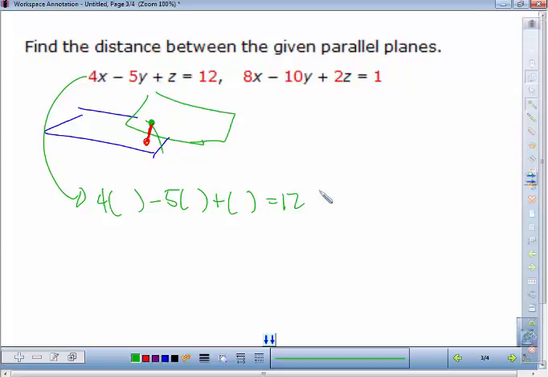I was thinking 0, 0, 12, but 3, 0, 0 would work also. Remember, 0 is your friend. So 0, 0, 12 is what I thought of. Harrison said 3, 0, 0. That would also work, yeah? Because 3 times 4 is 12, 0, 0. So either one of those would work. Let's use 3, 0, 0.